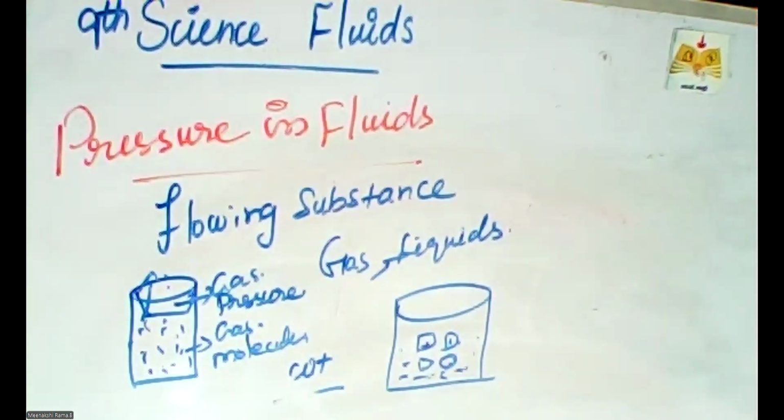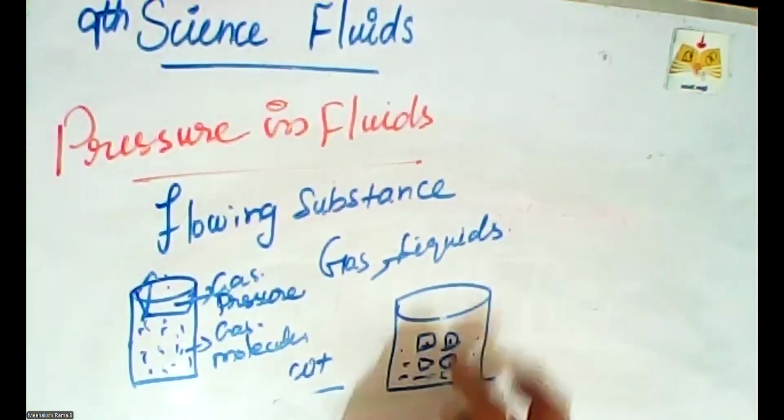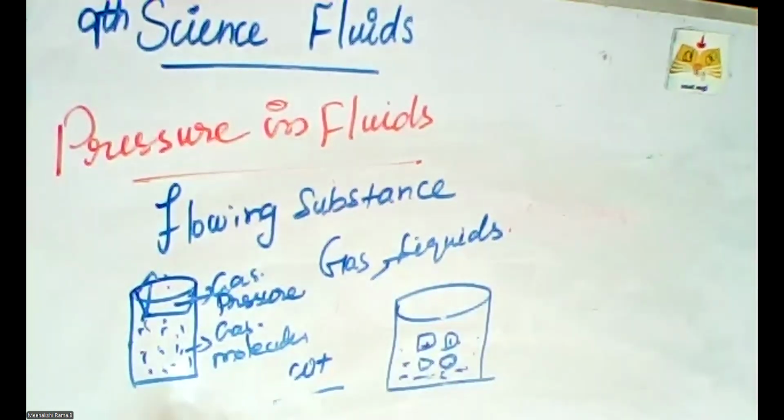Solids and fluids also have weight, therefore pressure is exerted. Next one, pressure due to liquids. The force is exerted due to the pressure, so the body is submerged. The stone is submerged. Submerged means it is merged in the liquid.